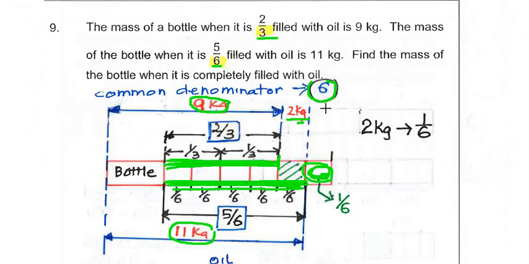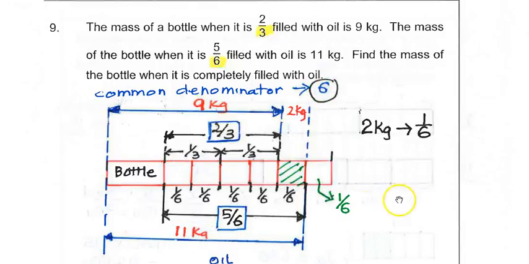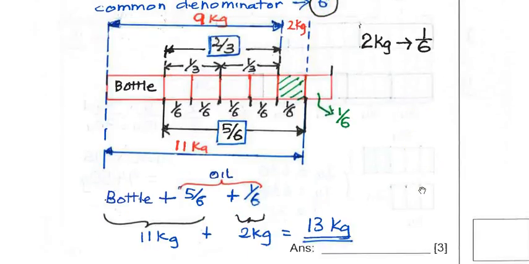Your parents may be able to understand this better and maybe explain to you by seeing this picture here. Now I'm going to take out all the colors, you scroll it down. So the bottle plus 5/6 plus 1/6. It was shown that bottle plus 5/6 of oil is 11 kg.